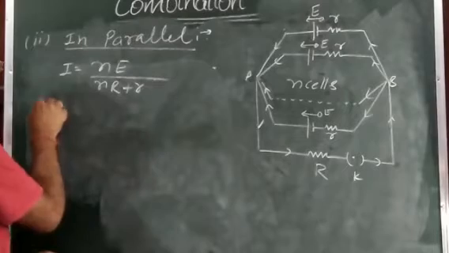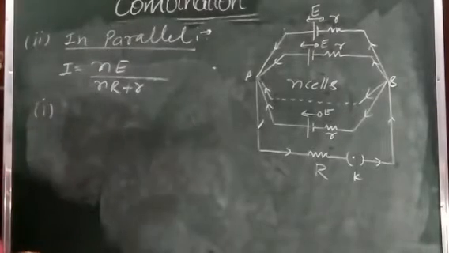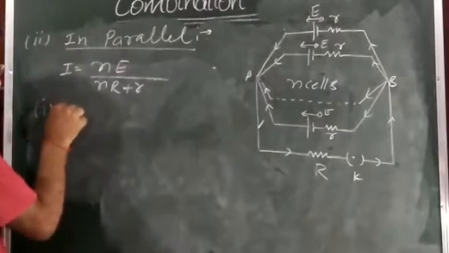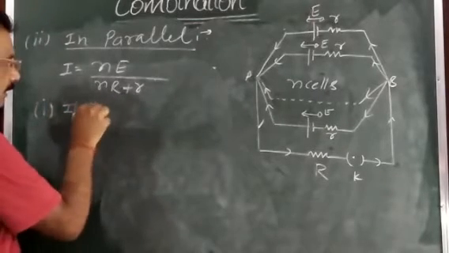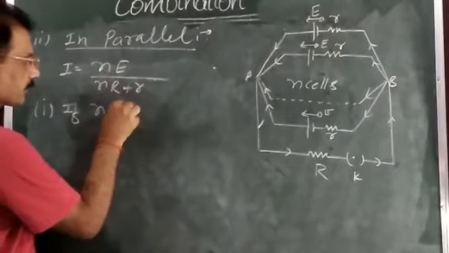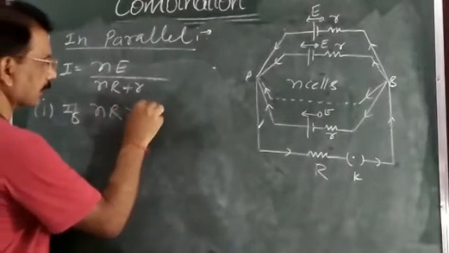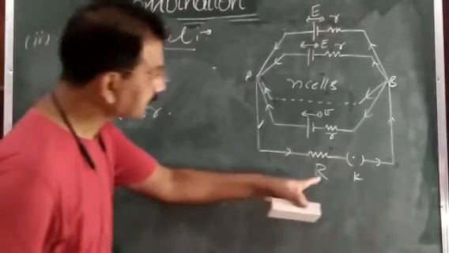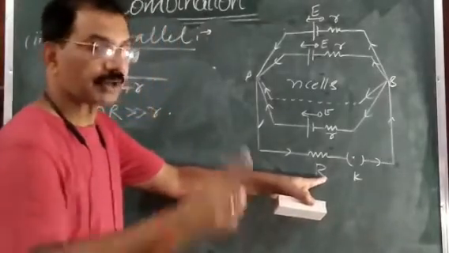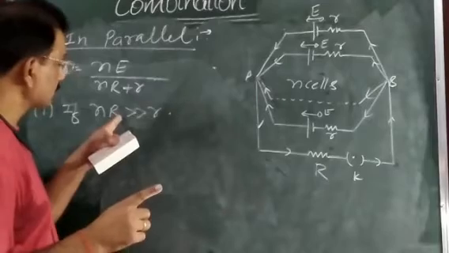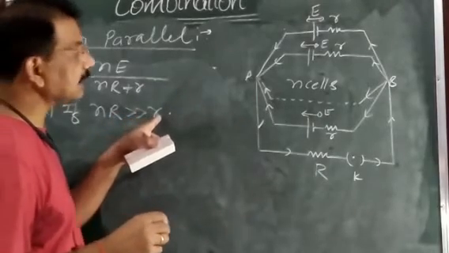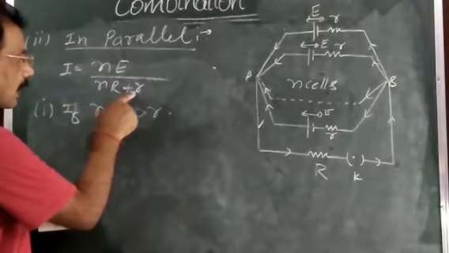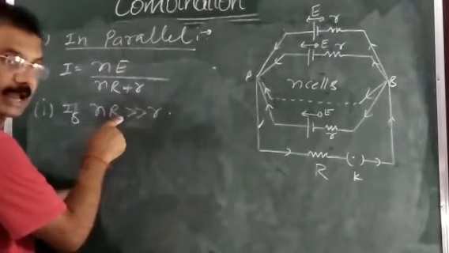What is the first possibility? If NR is greater than small r, it means the external resistance is very large compared to the internal resistance, then in place of NR plus R we can write only NR.